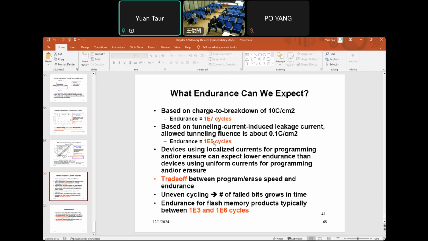So usually we expect between 1,000 and 1 million cycles that we can read and write a fresh memory. From this point of view, it's very different from SRAM and dynamic RAM.